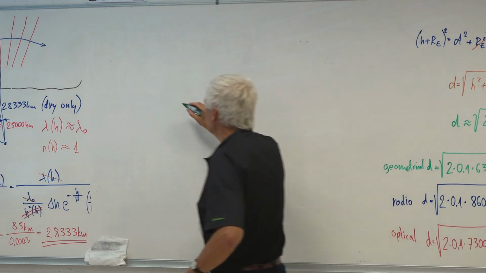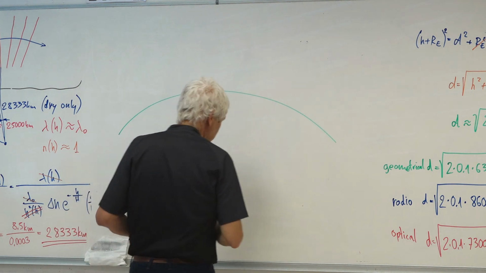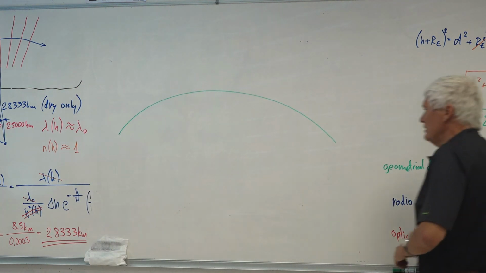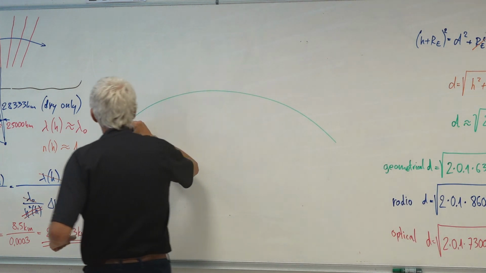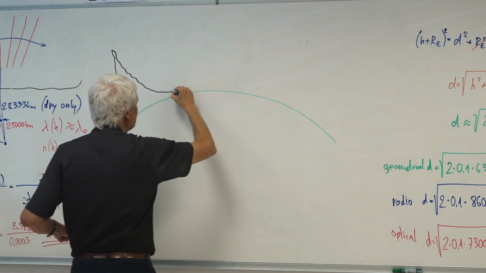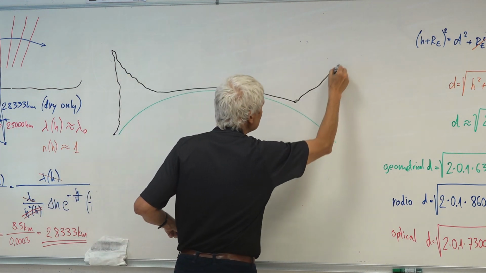So if I draw the sea level here, the Earth is curved, so I draw a sea level here. I draw the actual surface that may include mountains, that may include flat valleys, and the mountain on the other end.